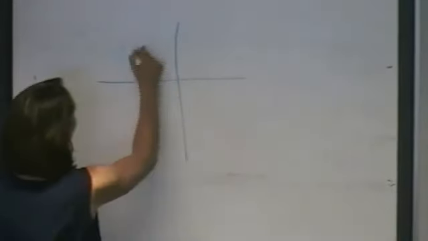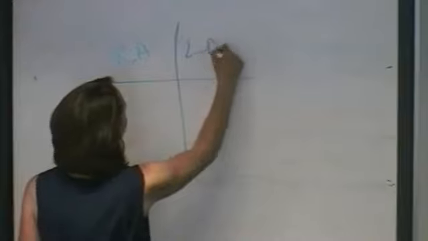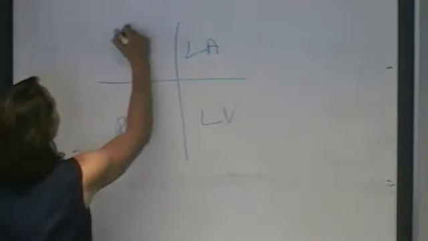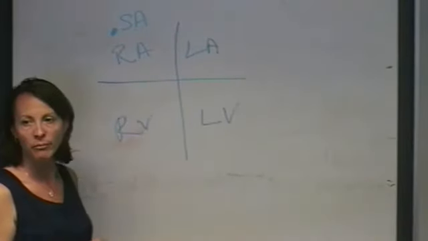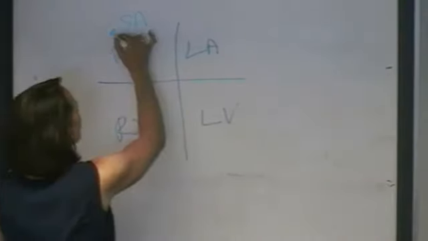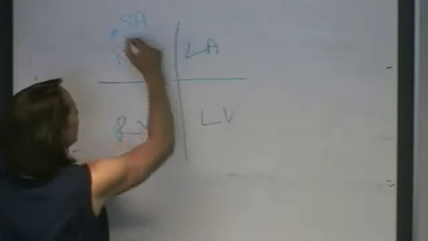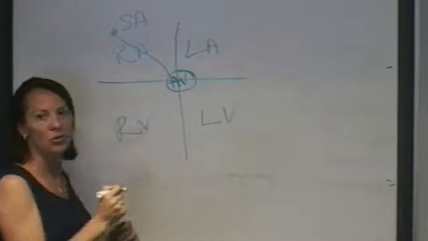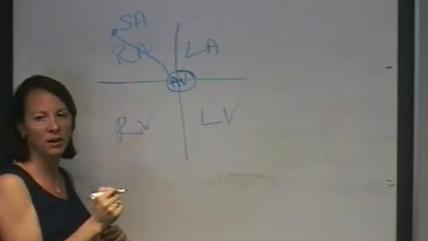So if we're looking at the heart here, we've got SA node, right? Sinoatrial node, sinus rhythm, right? That will send the signal through both atria down to the atrioventricular node. Okay, so it's starting to ring a bell now.